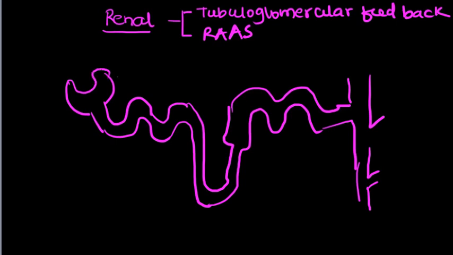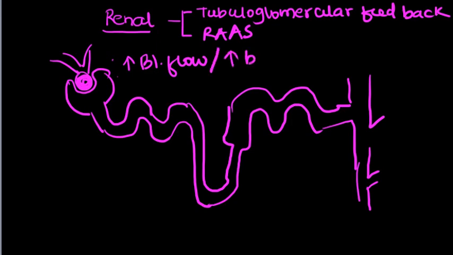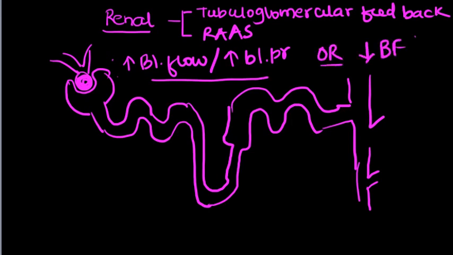Now, this is a very fragile system. If there is more blood flow passing through the glomerulus, which is the tuft formed by the afferent and the efferent arteriole inside the Bowman's capsule, so if that tuft has either high blood flow or high blood pressure, or a low blood flow or a low blood pressure, both of these would lead to damage of this entire nephron system.